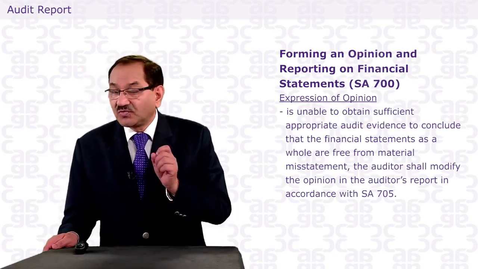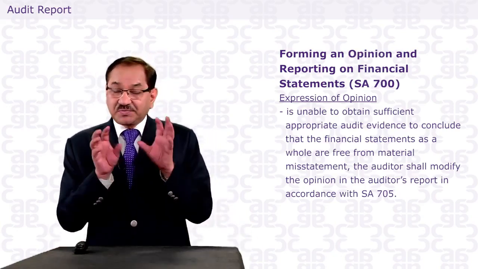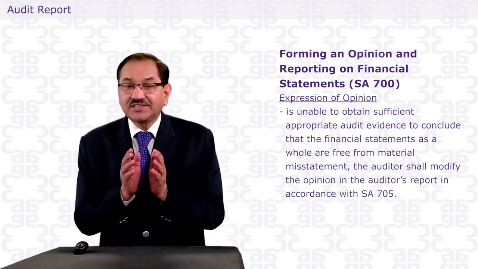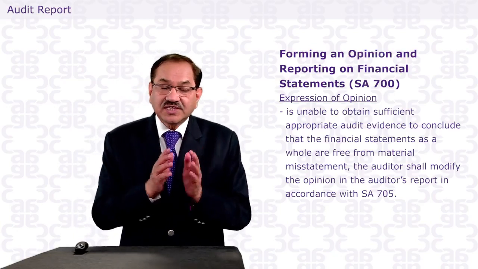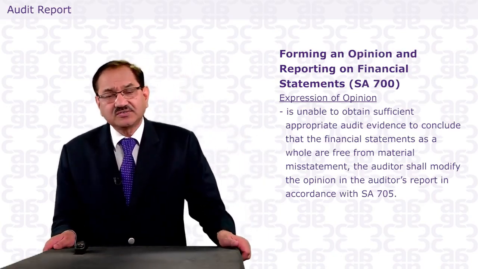Means he should qualify his opinion. So the question is that the ultimate objective of the audit is the expression of an opinion about the true and fairness of the financial statements.